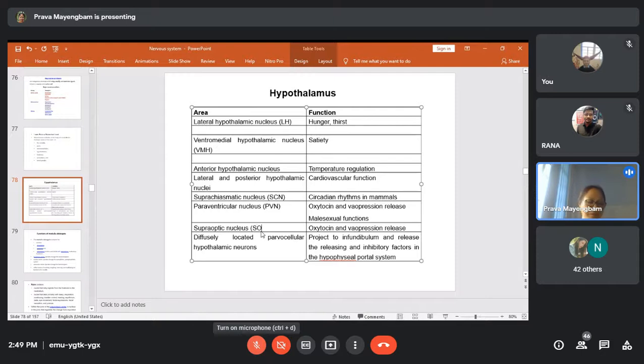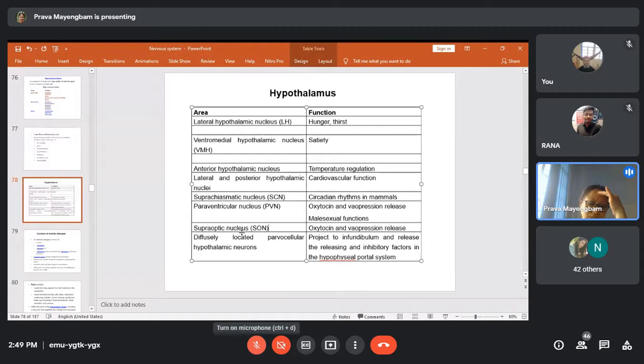You may be asked the full forms. Try to know these full forms. So I may give SCN and ask you to write the full form. Or I may give PVN, what it stands for. Or I may ask where SCN is associated, where PVN is associated, or where SON is associated. So you are supposed to know the full form.